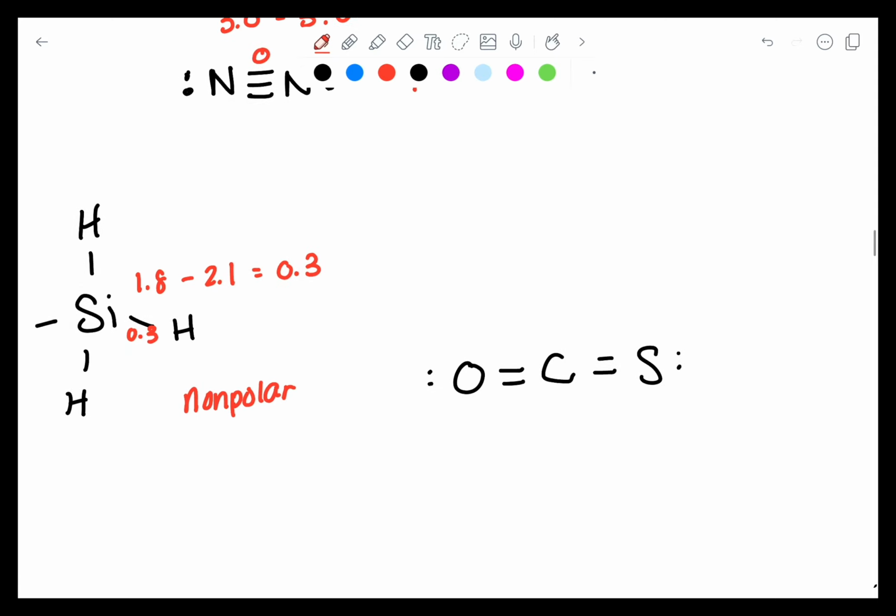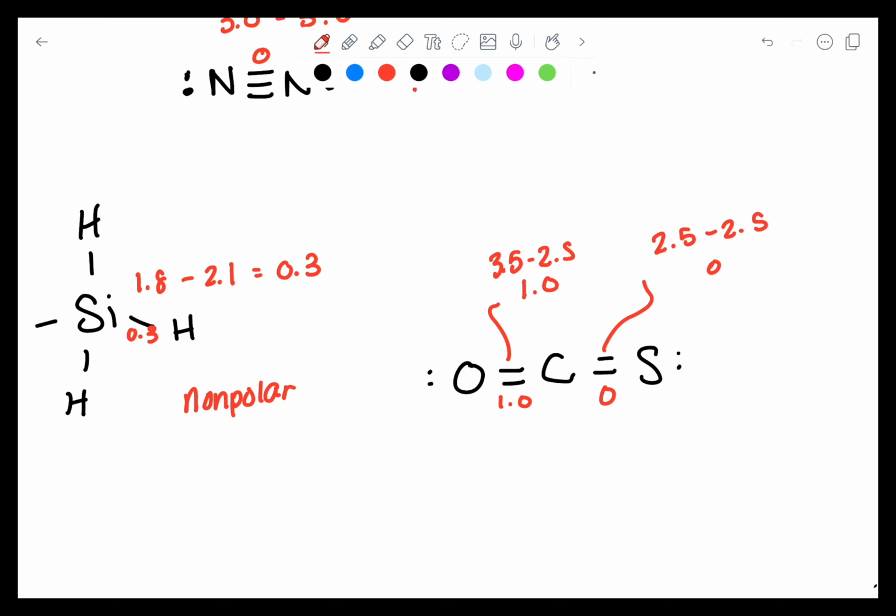Okay, and finally we have OCS. So let's see, carbon, oxygen, that one is 3.5 minus 2.5. So that's an electronegativity difference of 1.0. The carbon sulfur is 2.5 minus 2.5. So that's an electronegativity difference of 0.